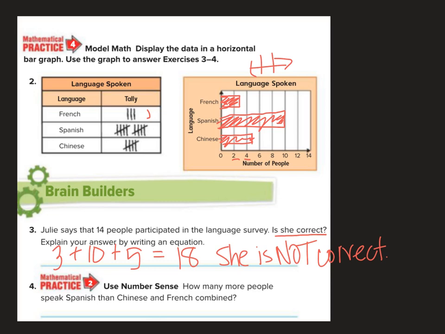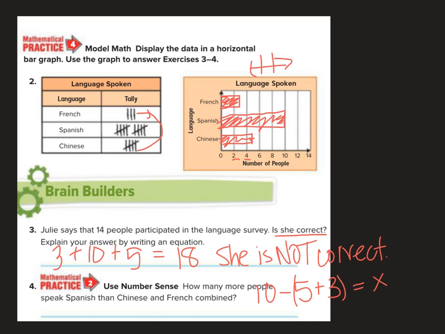Okay, use number sense. How many more people speak Spanish than Chinese and French combined? So Chinese and French make up 8. So I'm doing 5 plus 3. And I want to take that away from 10. 10 minus (5 plus 3). Was I supposed to write? Oh, I guess I didn't have to, but I'm going to.